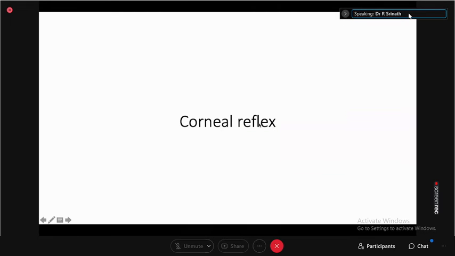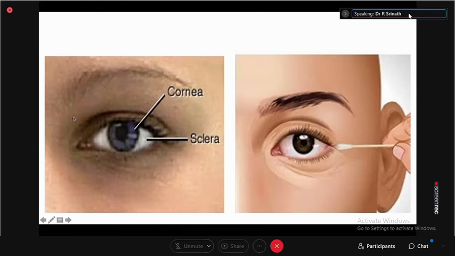Coming to the corneal reflex. What is important to know here is that it should not be from the front, causing a menace reflex. It should be from the side. The cotton wisp should be a sterile cotton which should be wet, and one should touch the periphery of the cornea, not the central part.